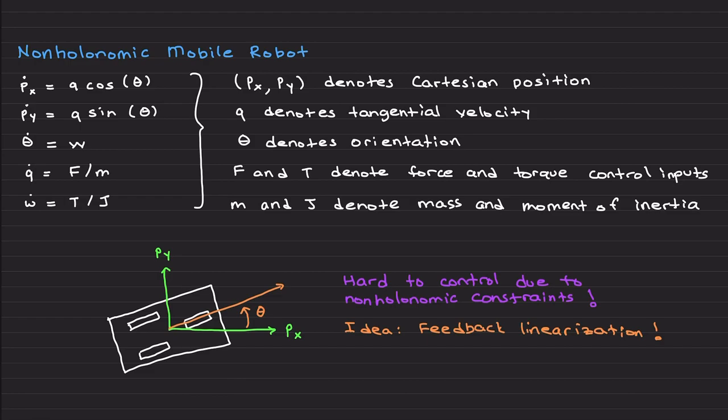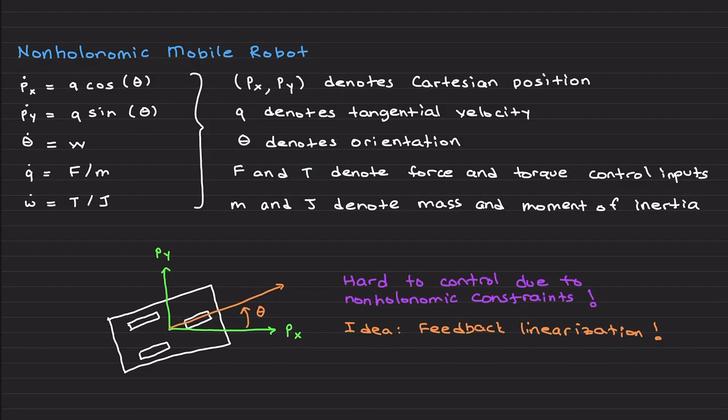If you look at this robot with wheels, its position along the x-axis I'm going to call px, and its position along the y-axis I'm going to call py. This motion will depend on the orientation theta of this vehicle.